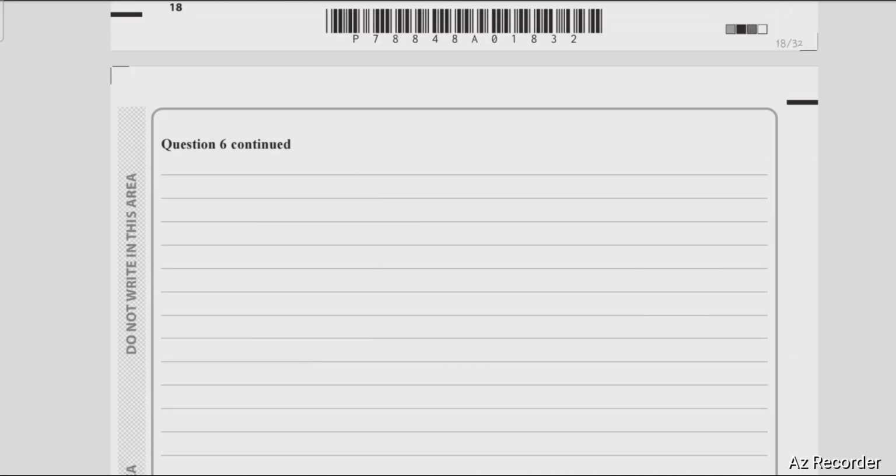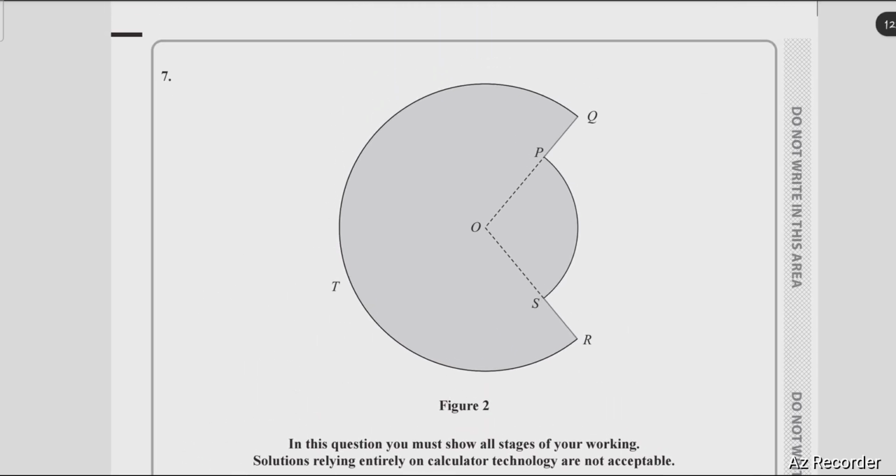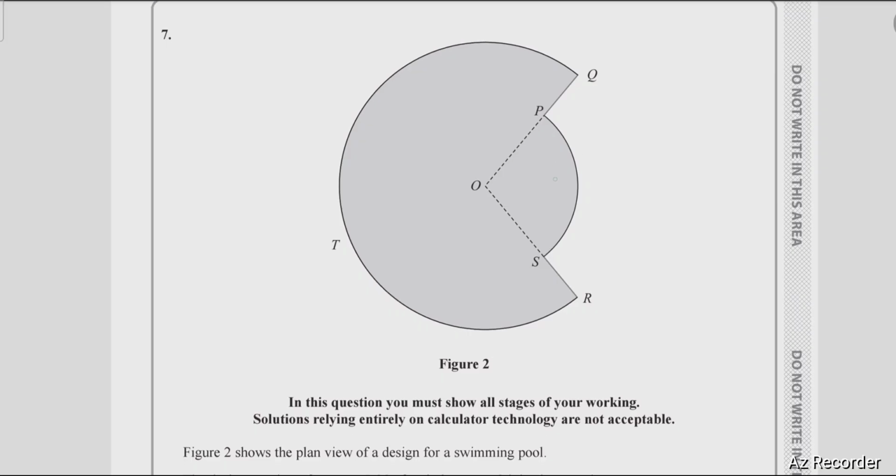Yeah. Next question. Oh, that's circles. First thing we need to know about questions about radians and circles is to just analyze the shape. So we can see that that's a minor sector, that's a major sector, that's the radius, I'm just going to write it R, of the minor sector.